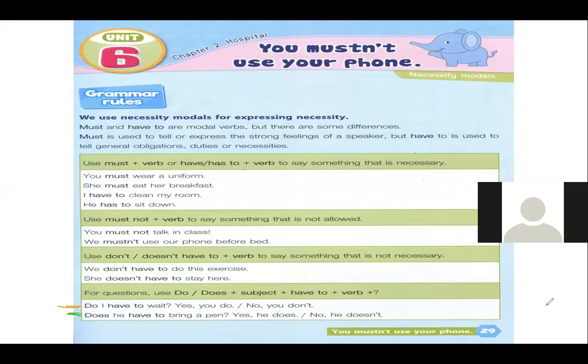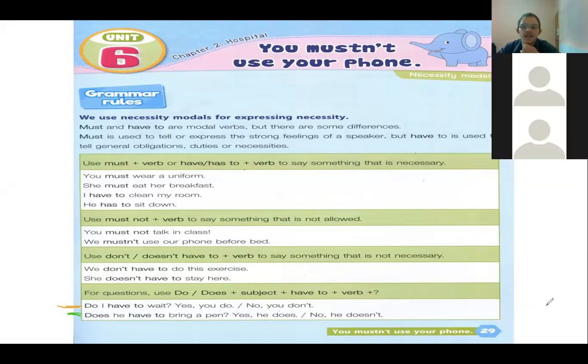How about Yaya? Yaya, number 26. Yaya, please read at the bottom the orange line. I'll highlight it for you. Yaya, please read at the bottom here for us.